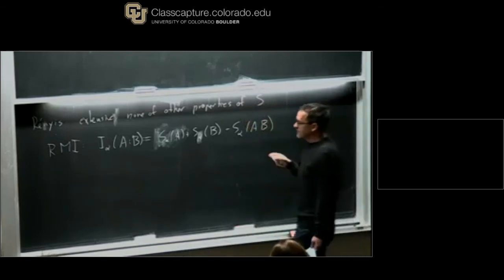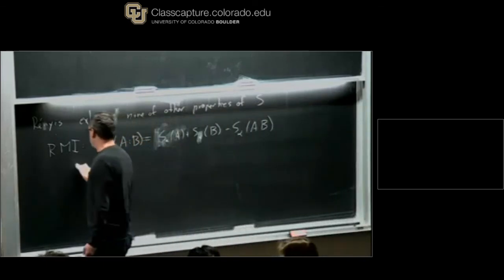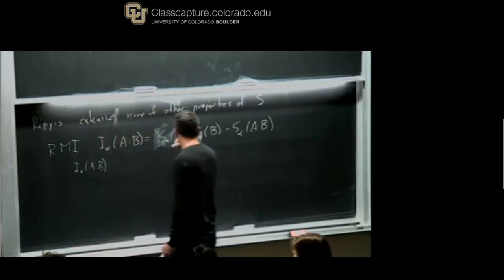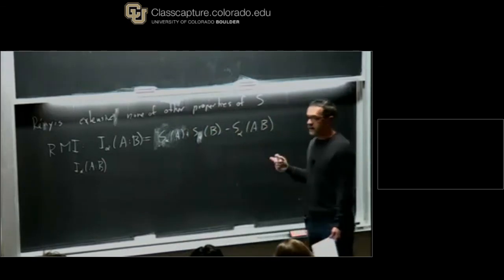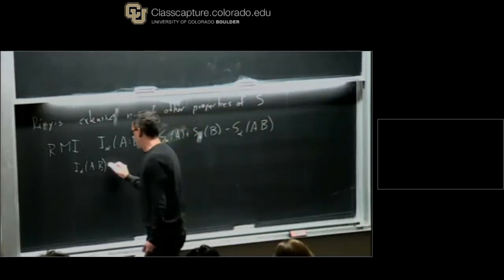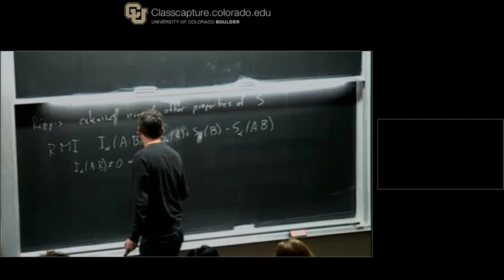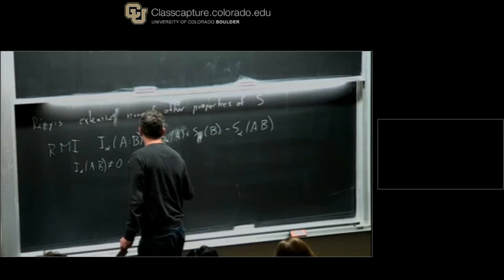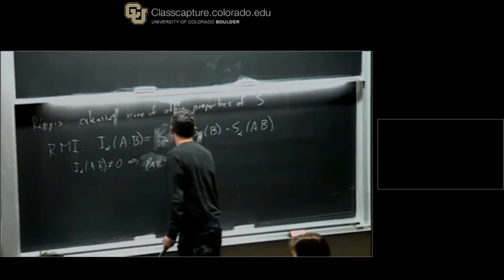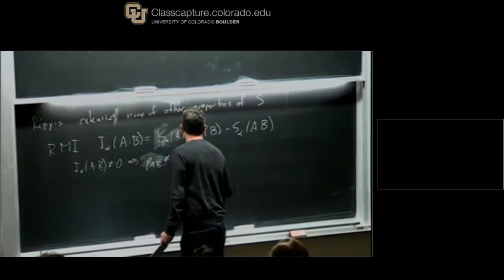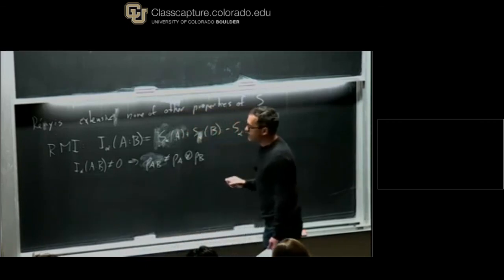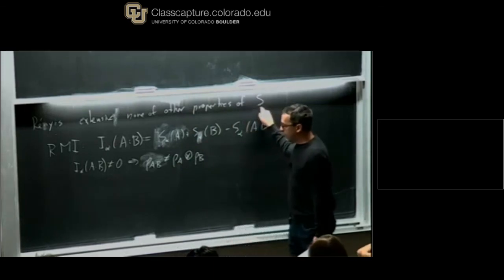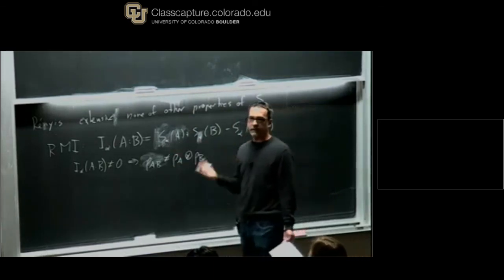By virtue of extensivity, we know that if you calculate this and you find that it's non-zero, then you know that there are some correlations. Let me write it this way. You know it's not a product state. So if you happen to be in a situation where you're having trouble calculating S, but maybe you can calculate S alpha, let's say for alpha equals 2.